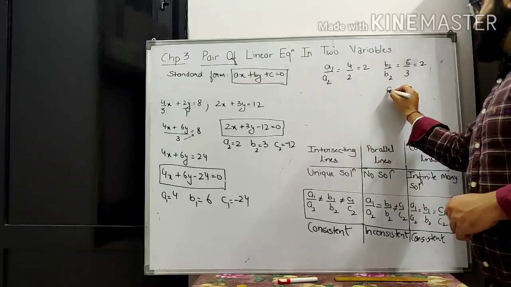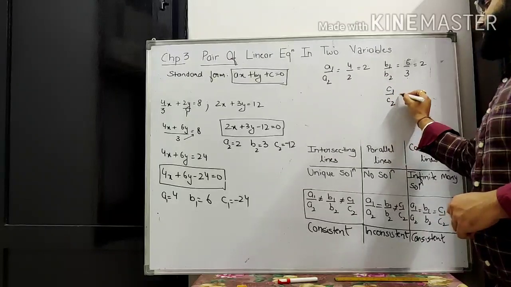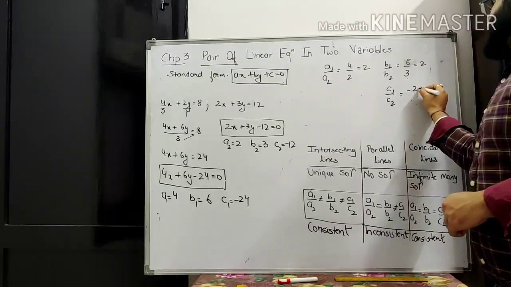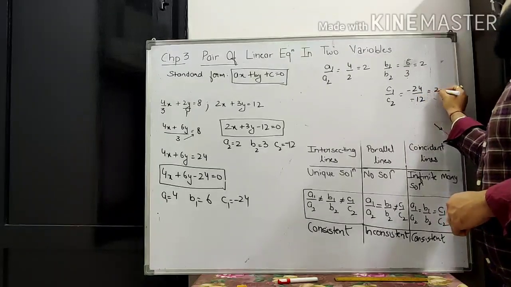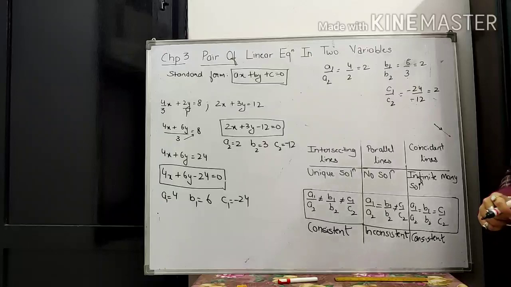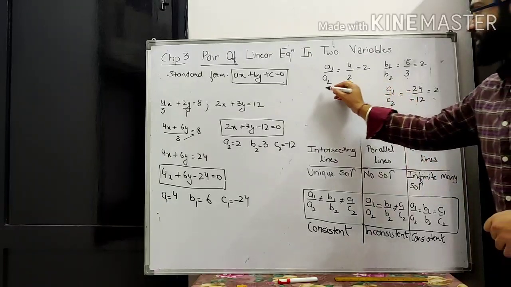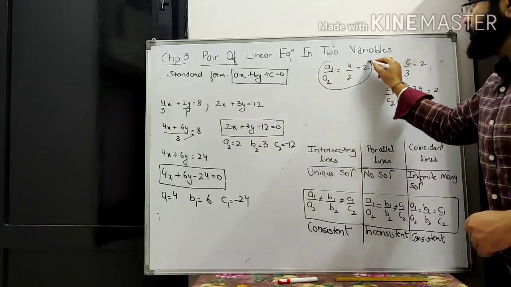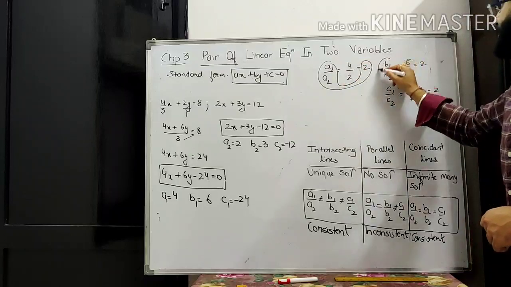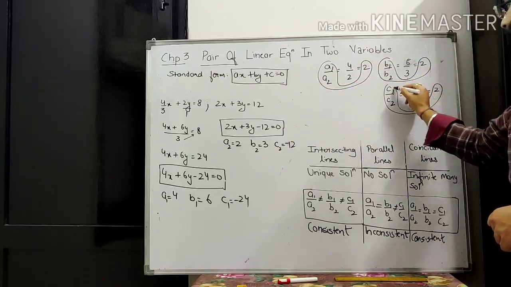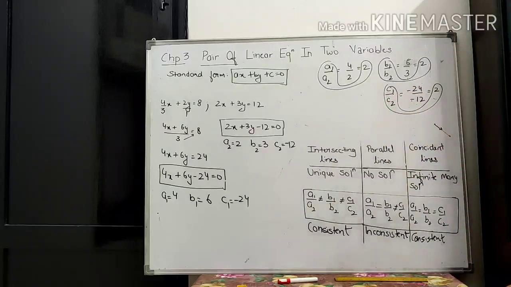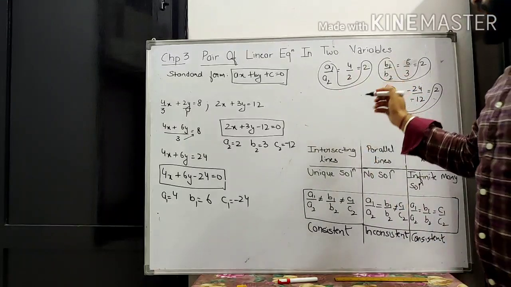And next we have c1 over c2, that is minus 24 by minus 12, again 2. Okay. So now we can see that the three ratios, a1 over a2, b1 over b2 and c1 over c2, are equal to 2.